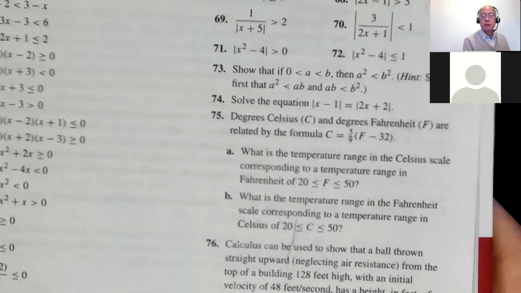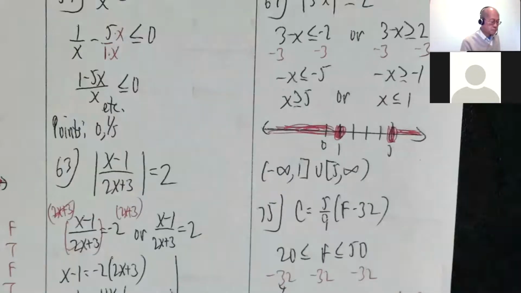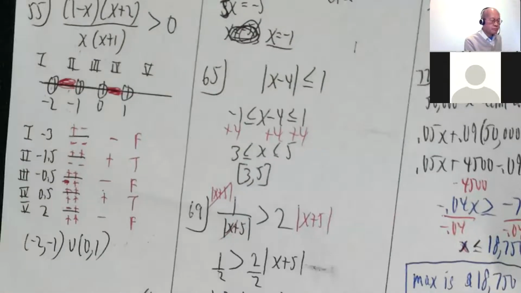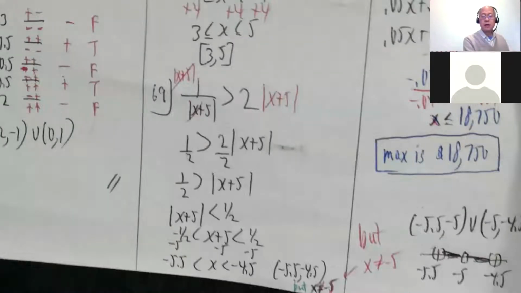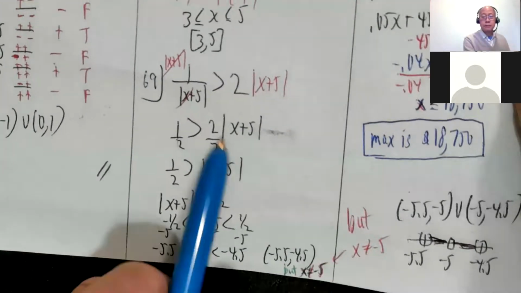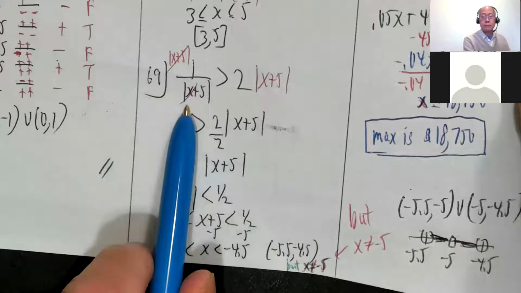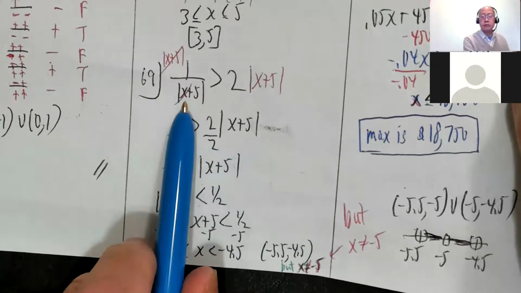Really quick, I'm a little confused on why number 65 includes 4, but number 67 or number 69 doesn't. I understand why number 69 doesn't include negative 5. I didn't see that, but oh wait, because that would make it a denominator. Correct. So the tricky thing there was the denominator is 0.